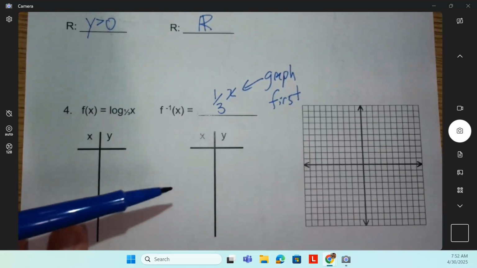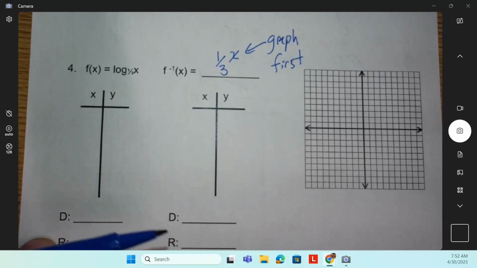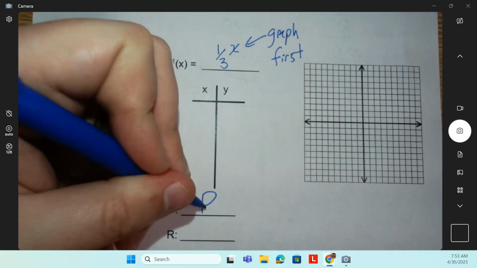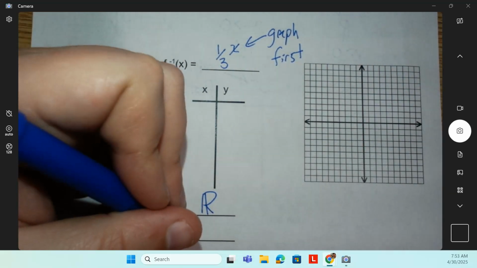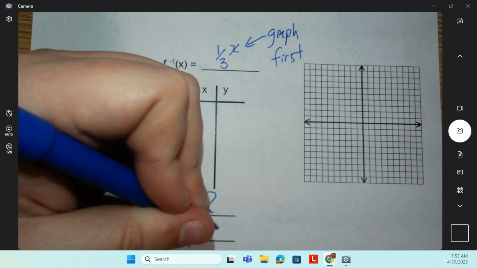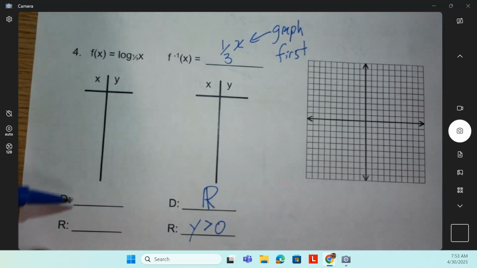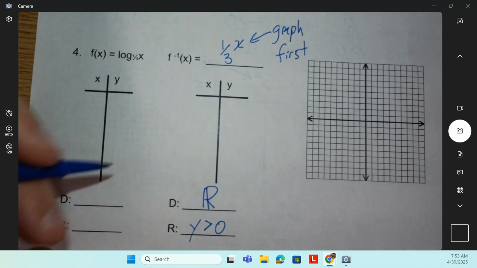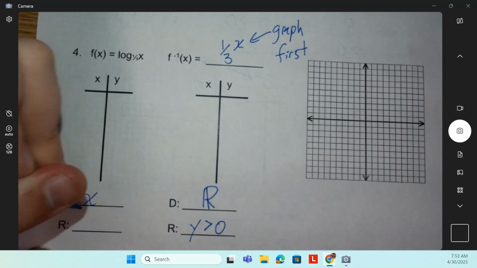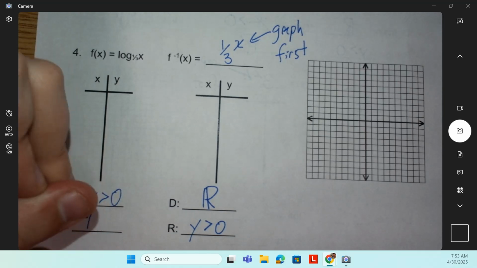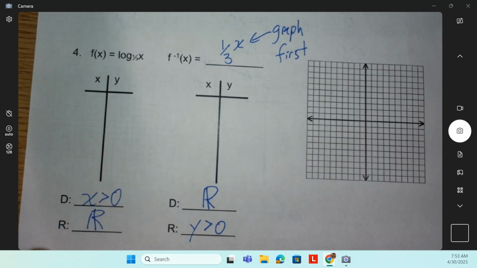And domain and range is going to work in the same way. My domain here is just going to be all real numbers. Range is y greater than 0. And for this one, that'd be my swapped. Like x is greater than 0. Range is all real numbers.